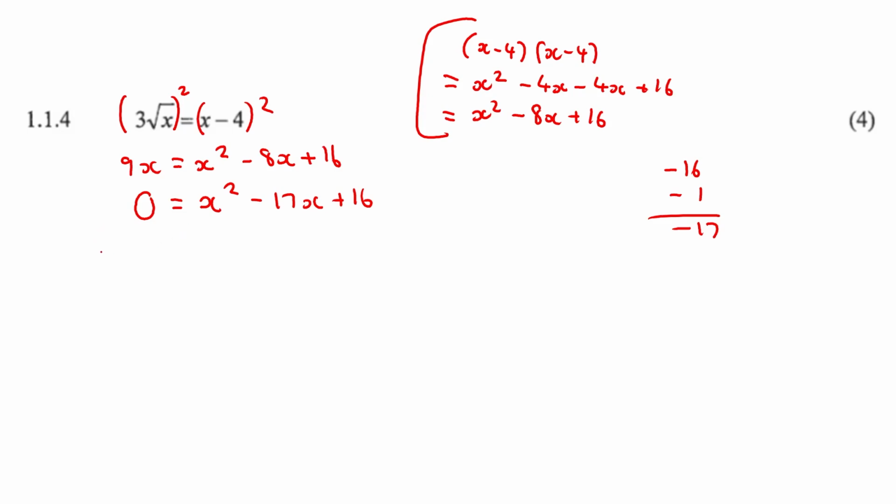So if we just plug in our brackets, x minus 16 in your first bracket, x minus 1 in your second bracket, and now make it equal to 0. Okay, therefore, x is equal to 16 or x is equal to 1.